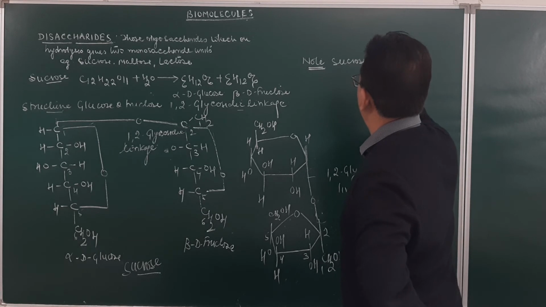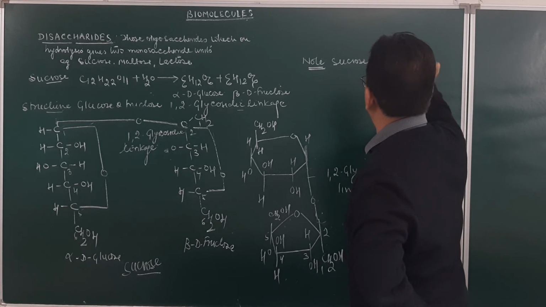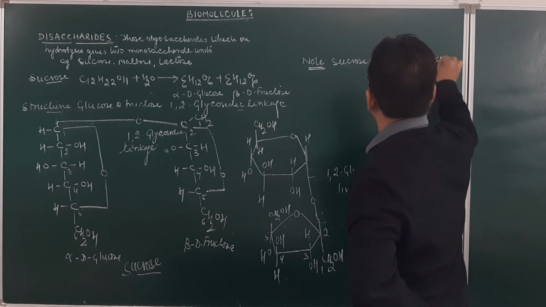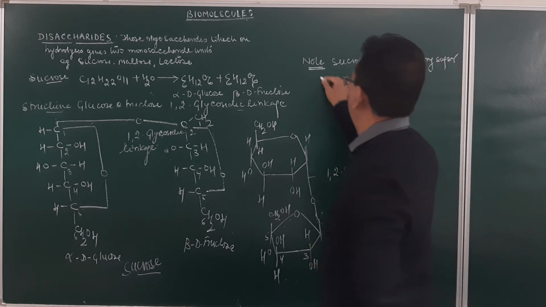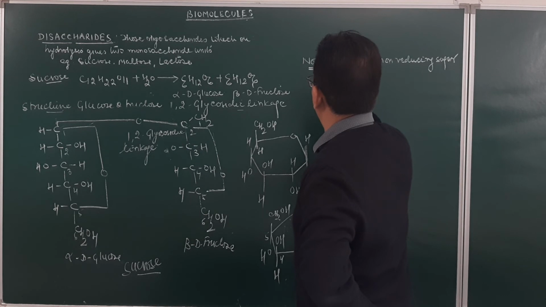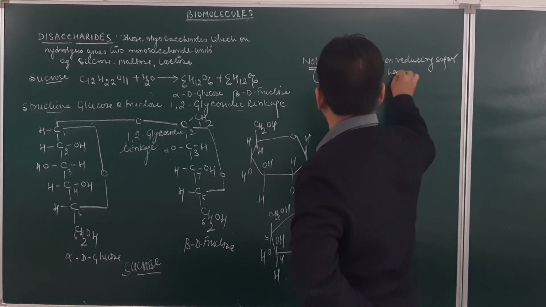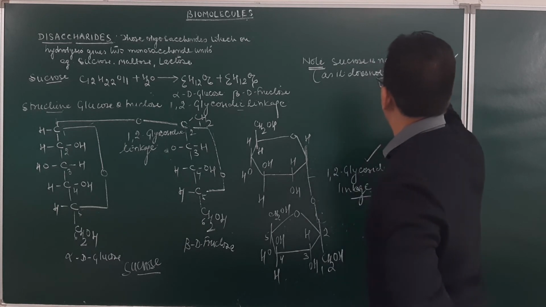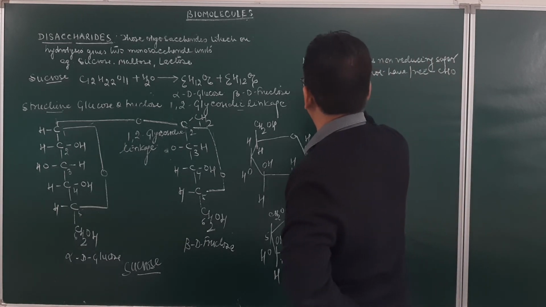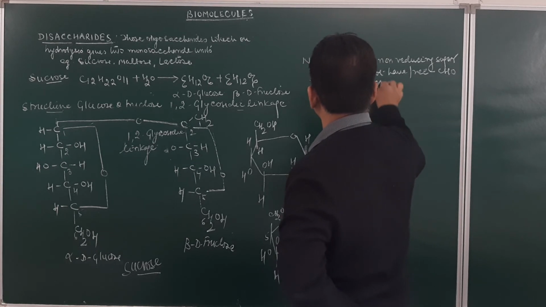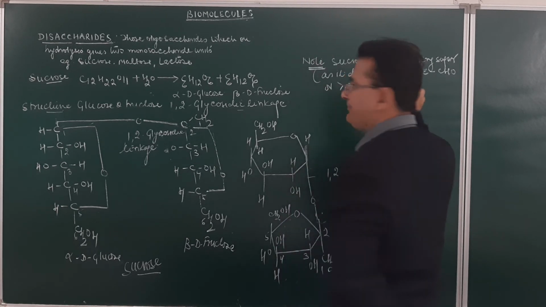Sucrose is a non-reducing sugar. Hence, as it does not have free CHO or ketonic group. Am I clear?